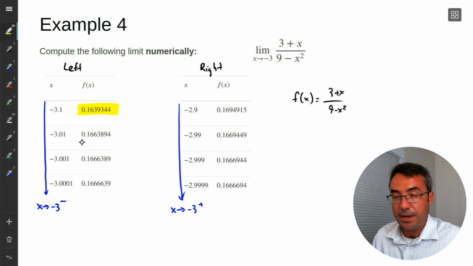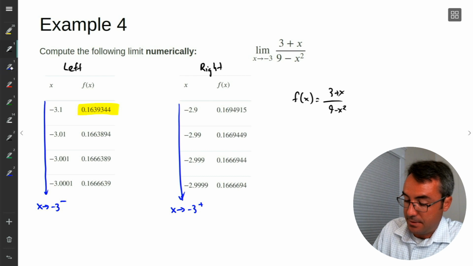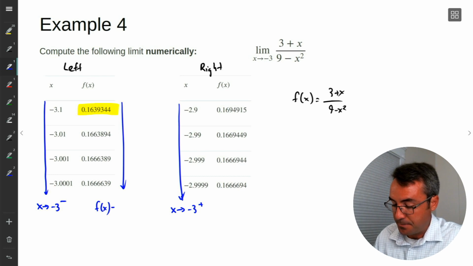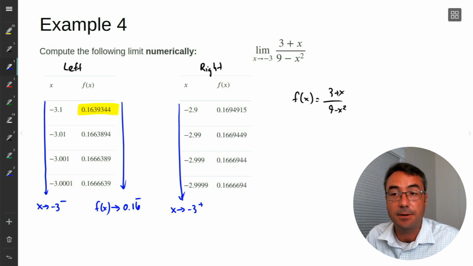Then if we read down, we have 0.166 and then some other stuff. And 0.1666. So it looks like we're throwing in more sixes here as we read down this list. So as we read down here, it looks like our function values, f of x, are getting closer to the number 0.16 repeating, the 6 repeating there.